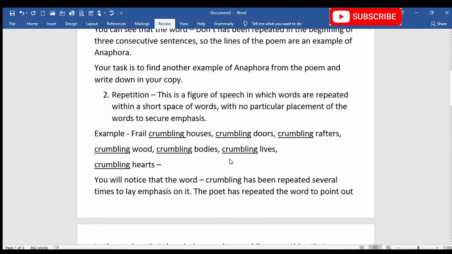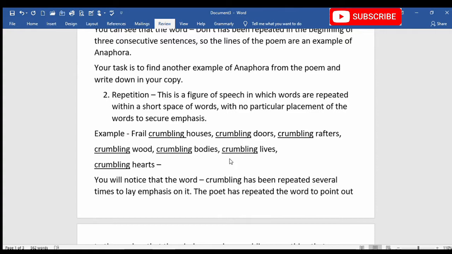What is the meaning of the word crumbling? Crumbling means crushing. Now when the wind blows, various things get destroyed. Various things that come in the way of the wind get crushed. So he is expressing through these lines the destruction caused by the wind.